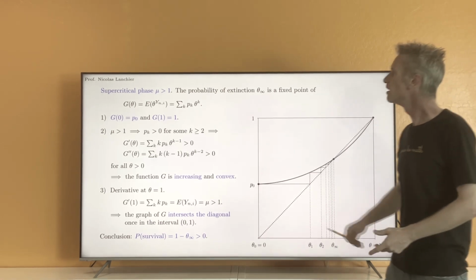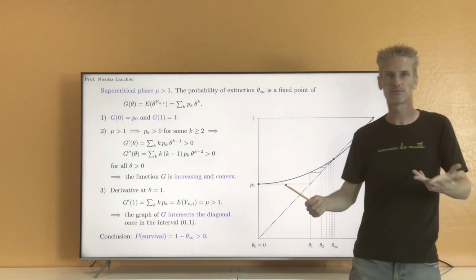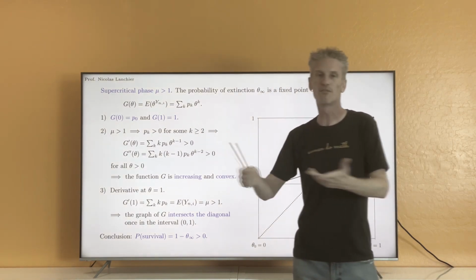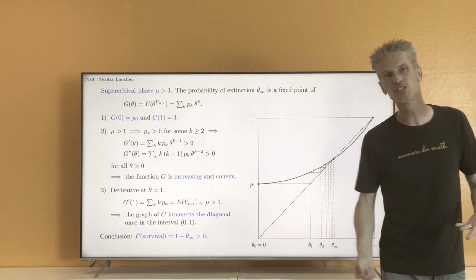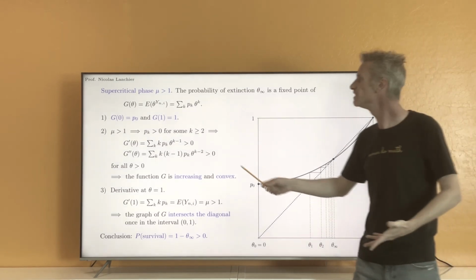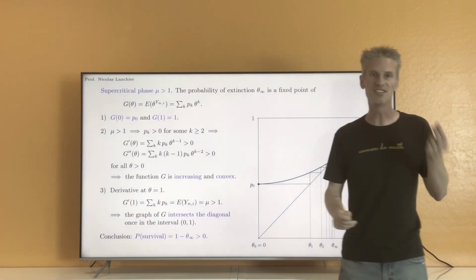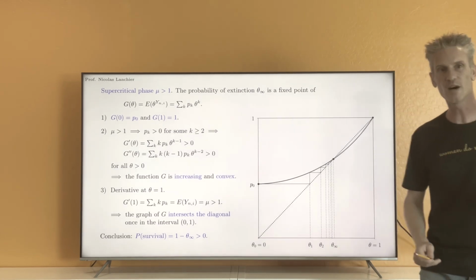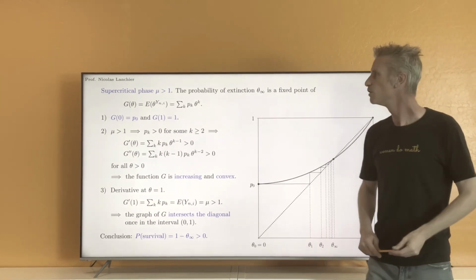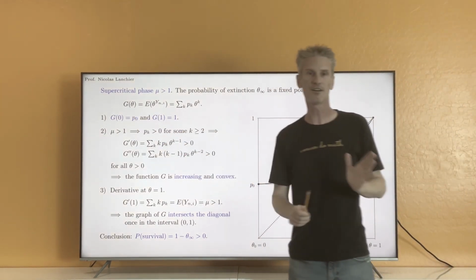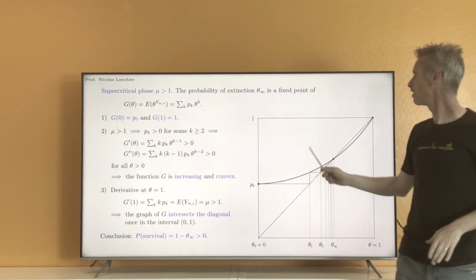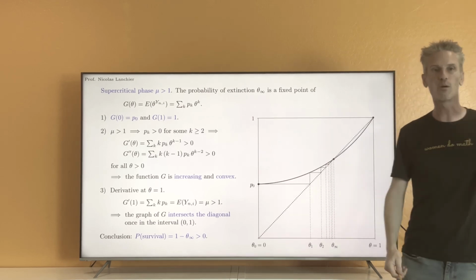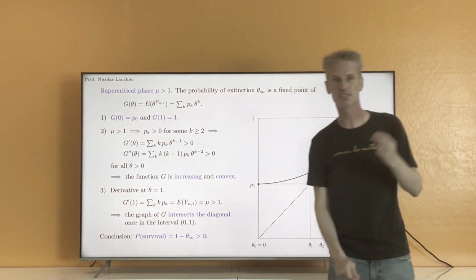And so, again, if too many of your pKs are strictly positive, this function is too complicated. In this case, you cannot find explicitly the expression of theta infinity. But you can always use a computer to plot this function, and then your computer is going to give you a good approximation of theta infinity, from which you can deduce the probability of survival.